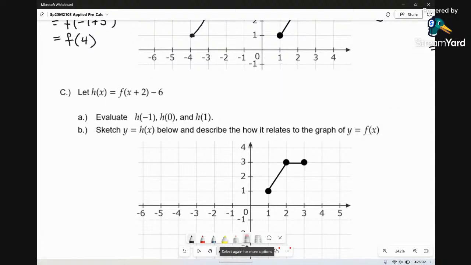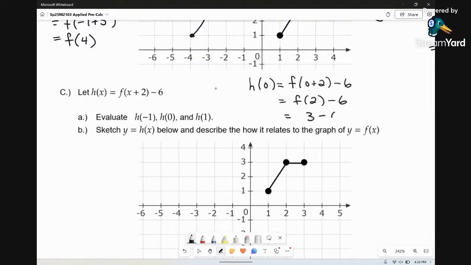H of 0. F of 0 plus 2. F of 2 minus 6. Remember this is grabbing F. Outputs 3 when we input 2.